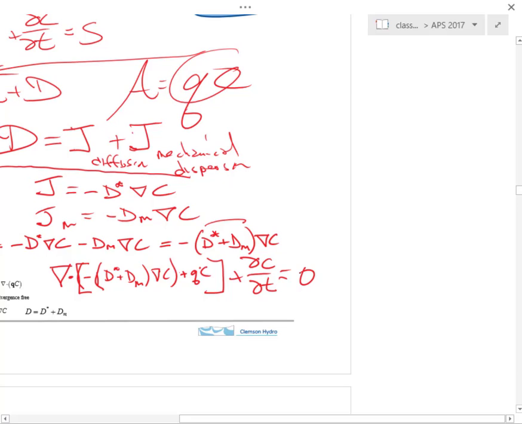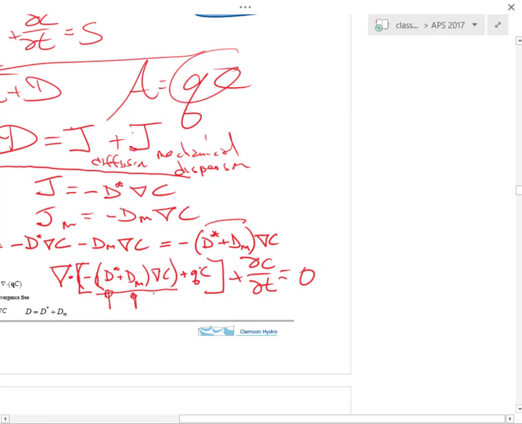Okay, so there's the equation for advection and dispersion. This does dispersion, and we see that it's got a component from diffusion and a component from this mechanical dispersion process from the fluid flow mixing.